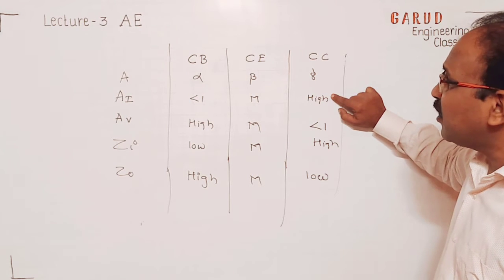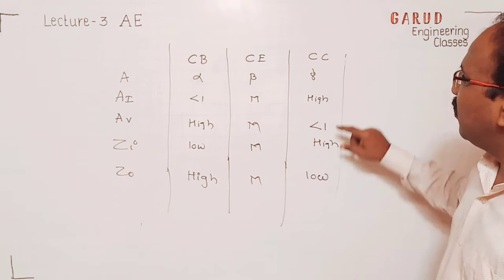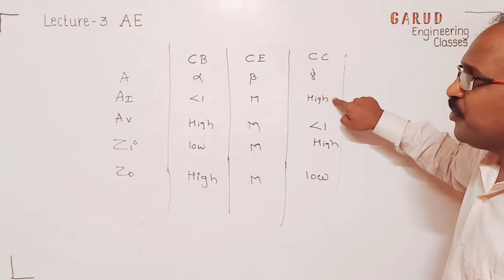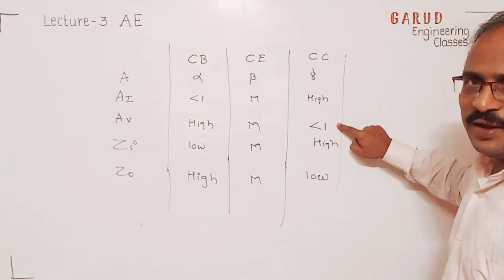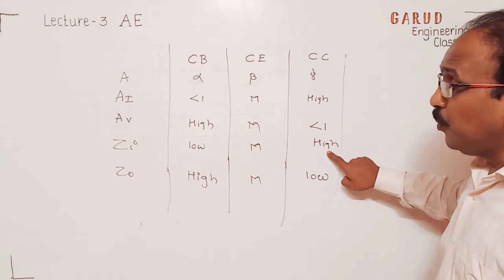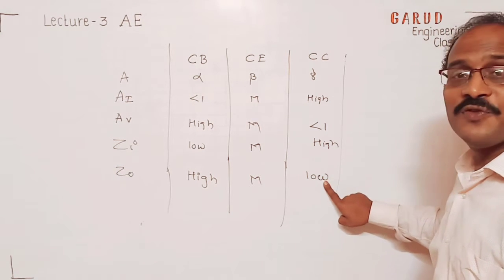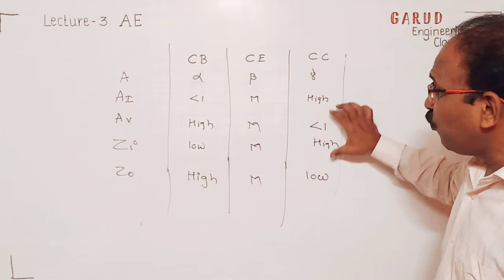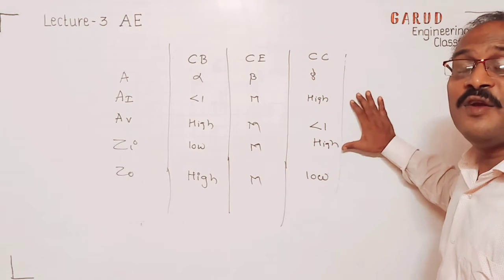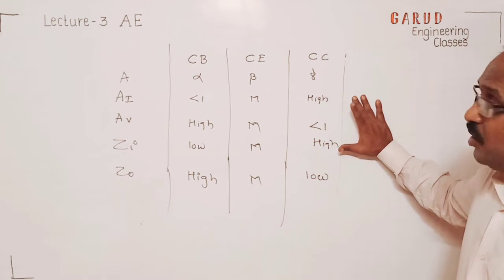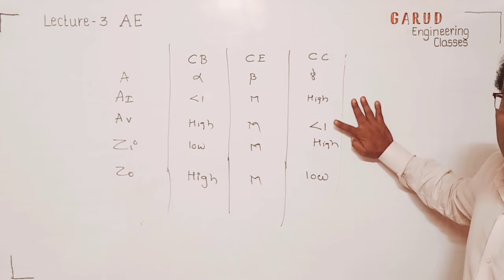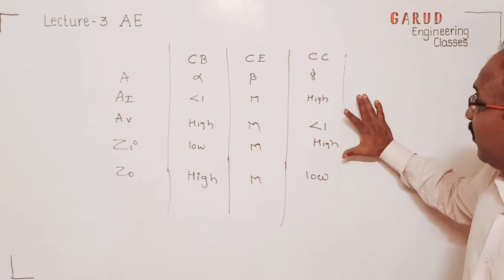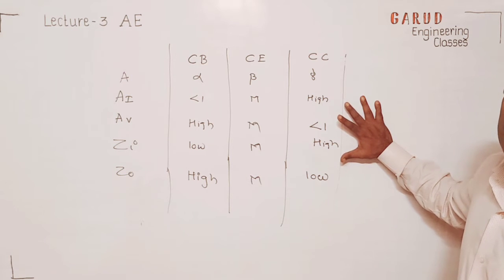The voltage amplification factor is almost unity. Input impedance is very high, output impedance is very low. These four factors are excellent for impedance matching. This is not providing any voltage amplification, but it behaves like a buffer.